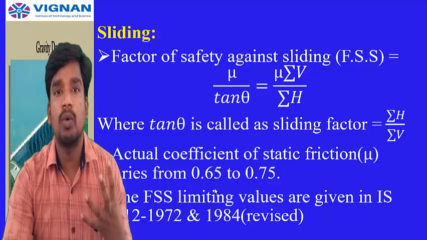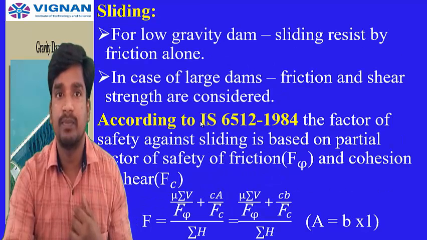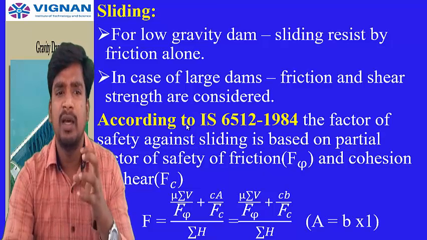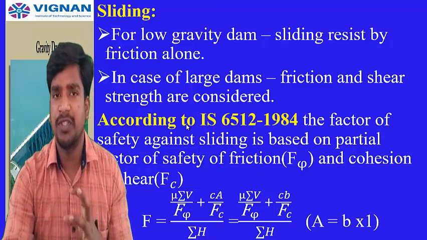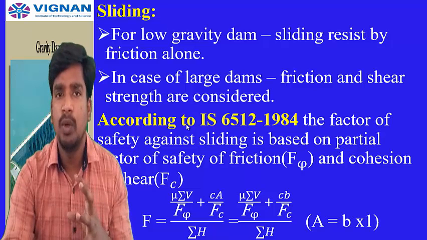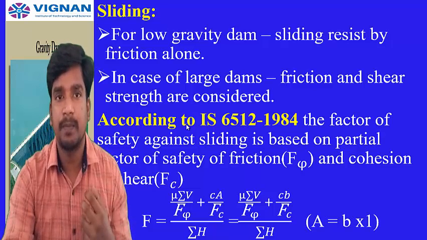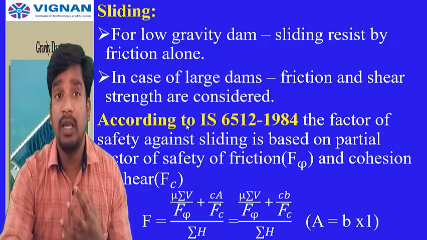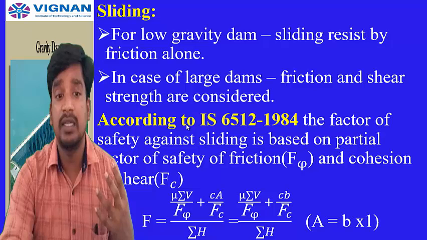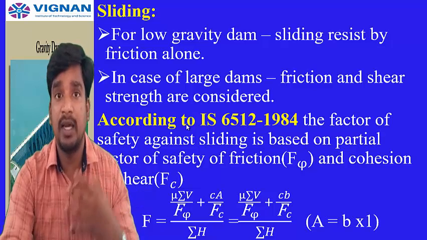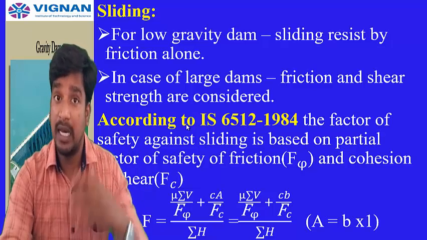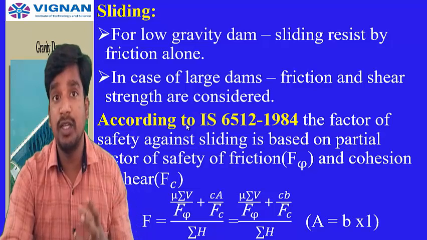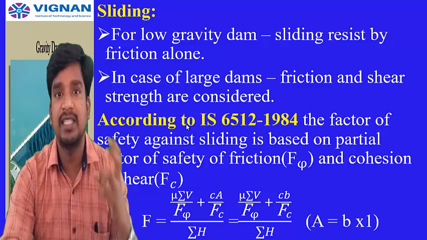For a low gravity dam, the sliding is resisted by the friction alone. Friction is sufficient to stop the sliding force in case of low gravity dams. For example, in case of large dams, like very high gravity dams, friction along with the shear is very essential.